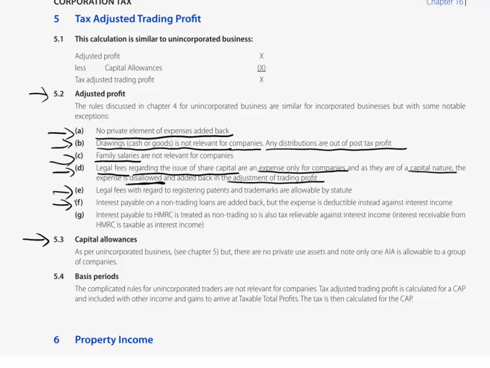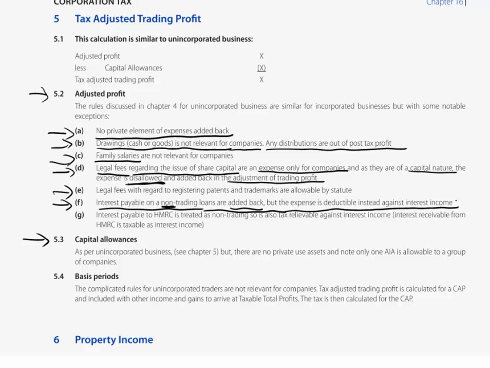If, however, it's a non-trading loan, then there is an issue. So, interest payable on non-trading loans are added back, so they're not allowable against trading income. But the expense is still going to achieve tax relief because it's deducted against interest income.